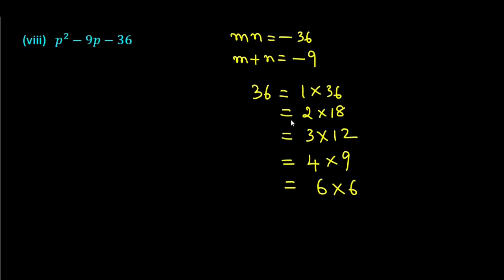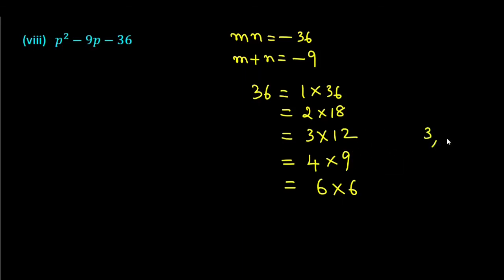So all the possible factors are covered here for 36. But we want factors for minus 36. Out of this pair of factors, one can be taken as negative. The sum we want is minus 9, so we have to choose the factors such that the difference of factors is 9.